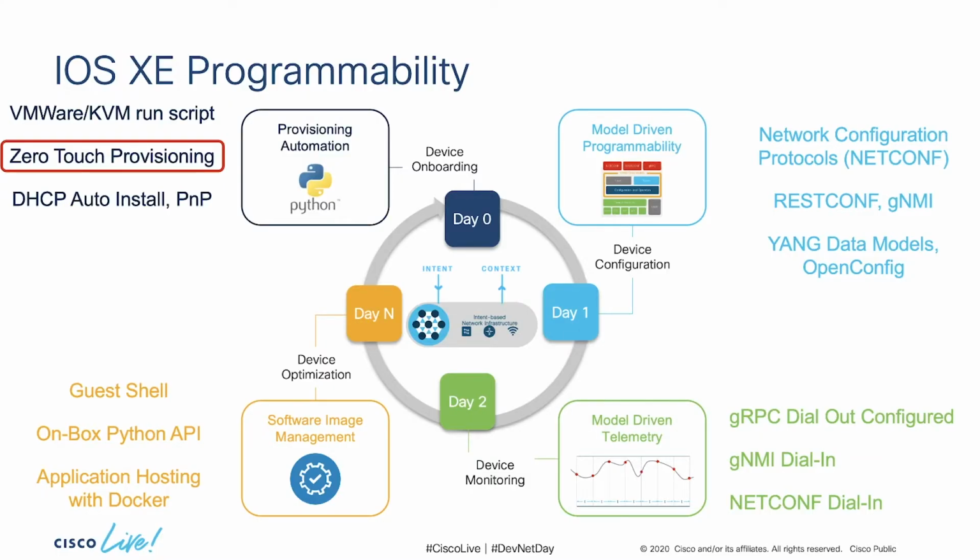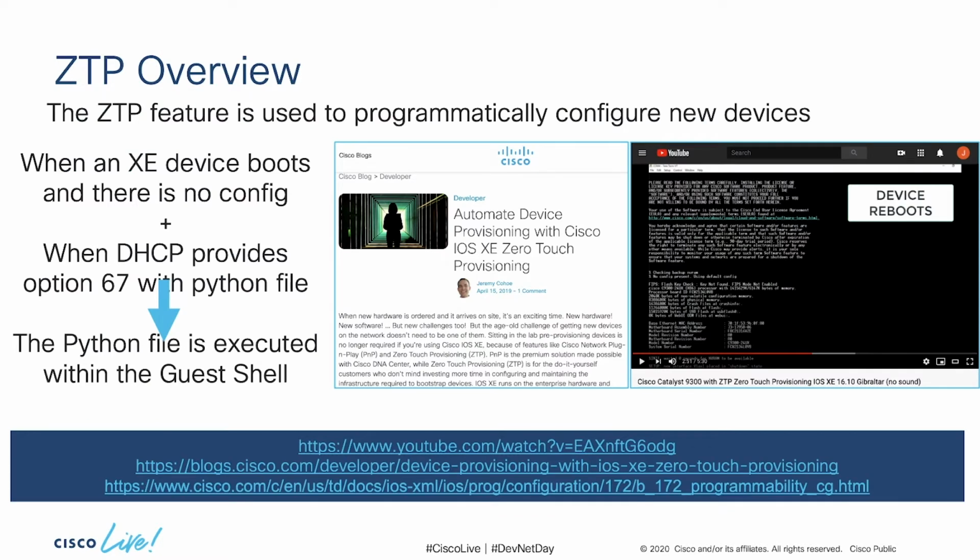As far as iOS XE programmability goes, there are really four main compartments, or days, as we refer to them here. Today we're focusing specifically on zero-touch provisioning as part of day 0. This is used for device onboarding when we have a new device. The feature overview says it's used to programmatically configure new devices.